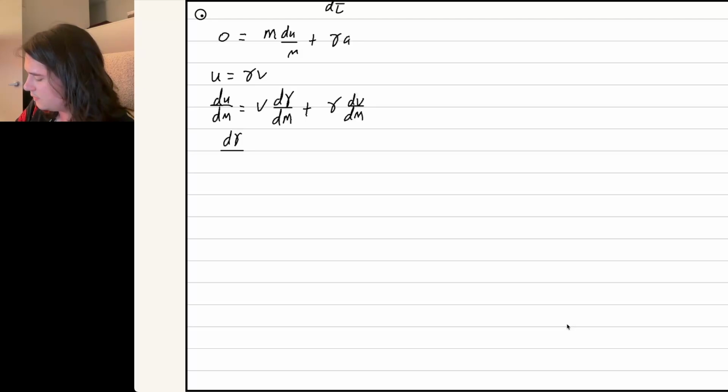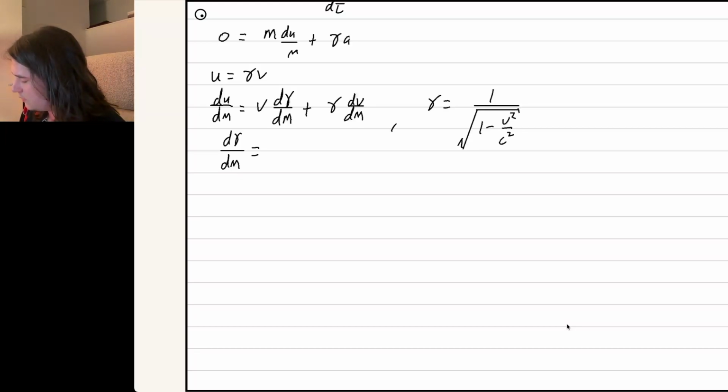So d gamma/dm, gamma being 1 over the square root of 1 minus v squared over c squared, it's going to be the partial derivative of gamma with respect to v times dv/dm, which is going to be, so it's minus 1/2 on the bottom, but then we're also going to be multiplying by minus 2v over c squared.